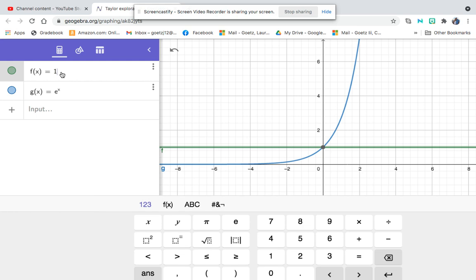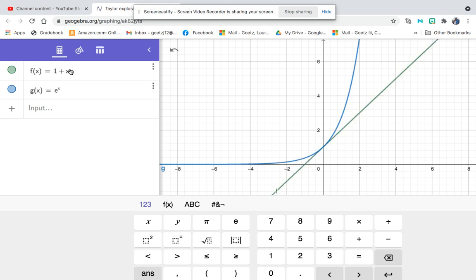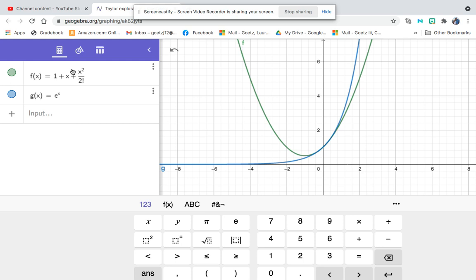But what if I cut off that infinite polynomial after the second term? Hey, they match a little bit right there. What if I put another term? Oh, hey, look. The truncated polynomial is matching e, a little bit bigger radius there, right?